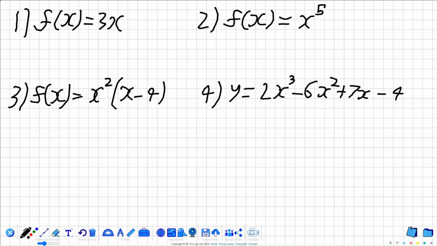So question 1, we've got f of x equals 3x, and what we can think is that right here we've actually got x to the power of 1. Looking at it in a complex way, we've got to times the 1 here with that, and do 1 minus 1, and so on.